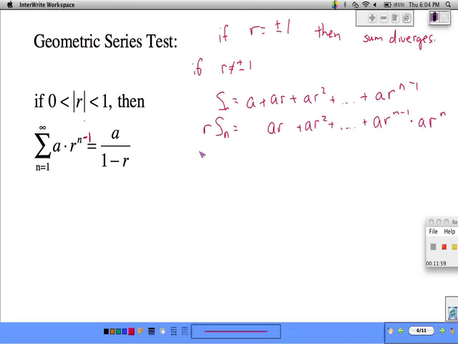And if I subtract these two equations, I'm left with s sub n minus r times s sub n equals a minus a times r to the n.